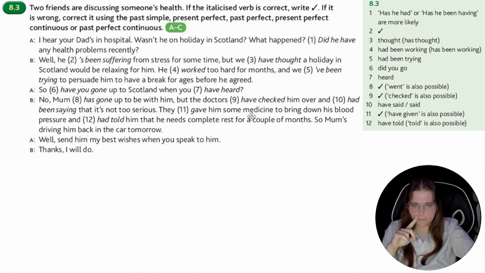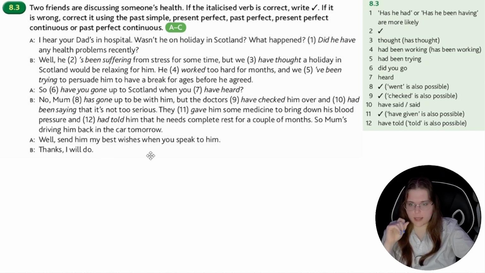They gave him some medicine to bring down his blood pressure, or they have given him some medicine to bring down his blood pressure if it is actual by now, and have told that he needs a complete rest for a couple of months, so Mom's driving him back in the car tomorrow. Well, send him my best wishes when you speak to him. Thanks, I will do.